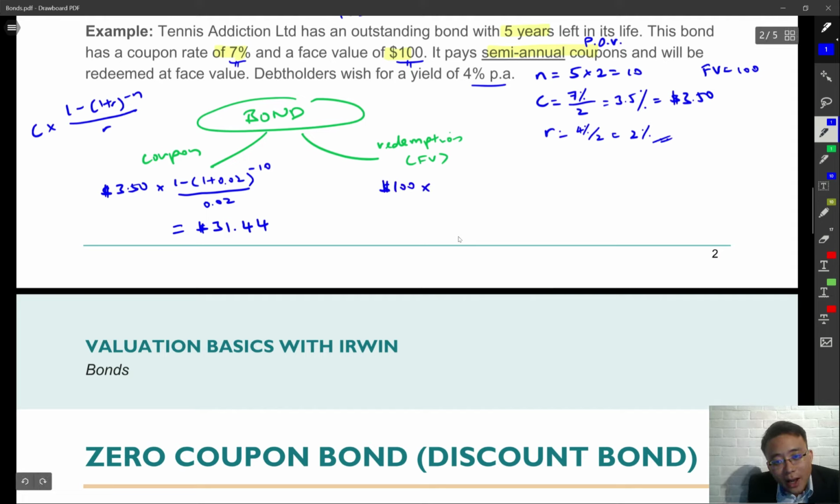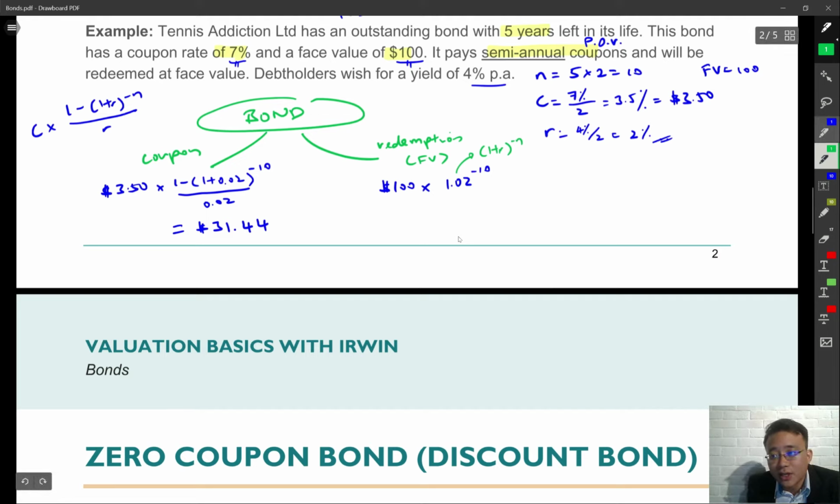And for your redemption, this is the easy one. $100 multiplied by 1.02 to the power minus 10. Remember the formula here. In case time value of money is not your forte, it has to be your forte for this module, okay? But we'll get there. 1 plus R to the power minus N. So 1.02 to the power minus 10. Let's work that out.